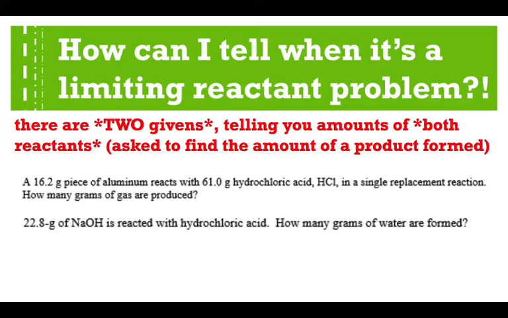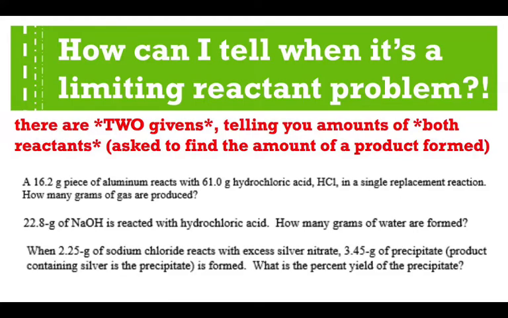And then finally, percent yield problems can sometimes seem like limiting reactant problems because they will have 2 givens in them. But if you notice, this is telling you that 2.25 grams of sodium chloride reacts with some silver nitrate, and then this 3.45 grams of precipitate is formed. So it's telling you how much stuff was reacting and how much stuff you actually made.